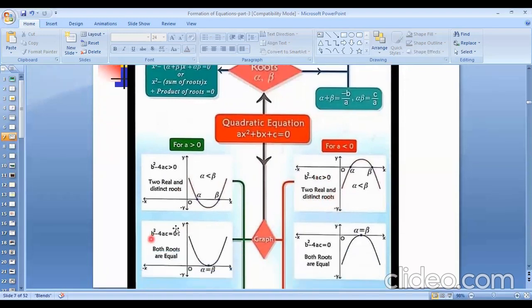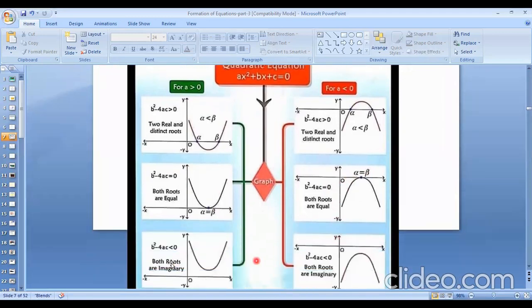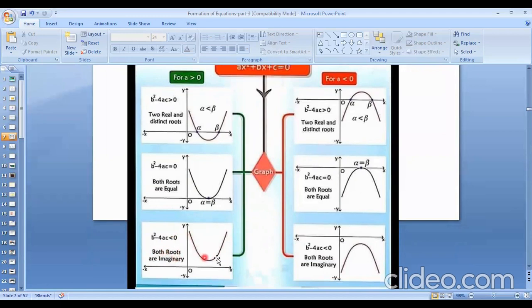If the discriminant is 0, then there will be only one root, as both roots coincide. In that case we get both equal roots. But if b square minus 4ac is less than 0, then we get imaginary roots. Two roots, but they will be imaginary. This is the graphical depiction. If a is less than 0 and b square minus 4ac is less than 0, then both roots will be imaginary. Remember it.